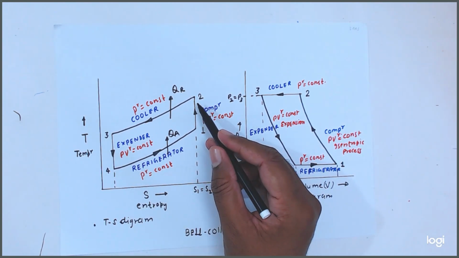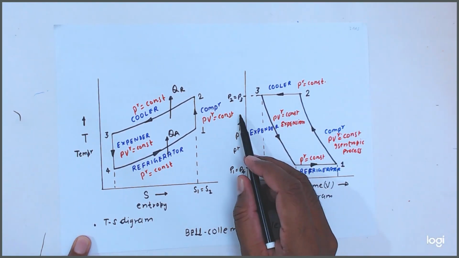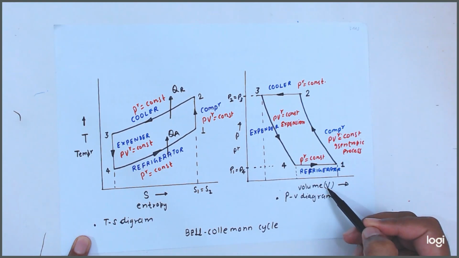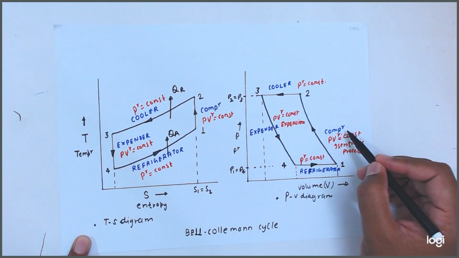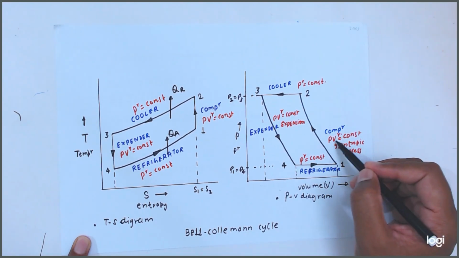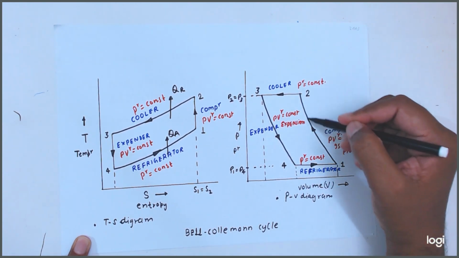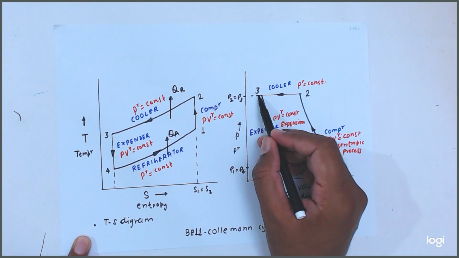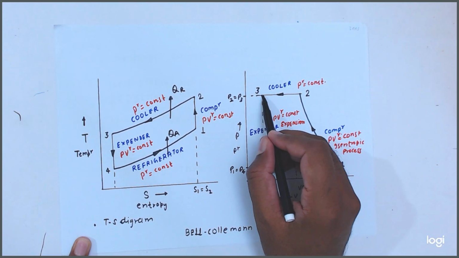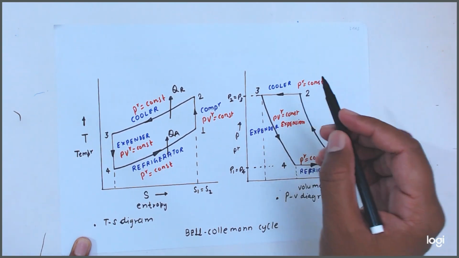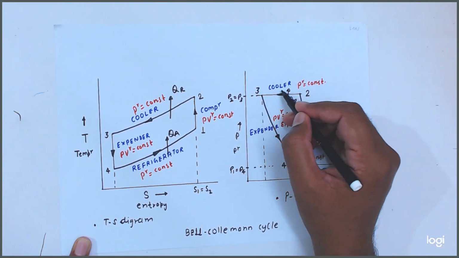This cycle will continue. Similar is the case in the PV diagram, just understand, this is the pressure, this is the volume. In the pressure versus volume diagram, process 1 to 2 is in the compressor, and it follows an isentropic process, PV to the power gamma is equal to constant, and the process comes like this. Then 2 to 3, as I told you, the pressure is constant. So at constant pressure, heat rejection is there, in the cooler section.